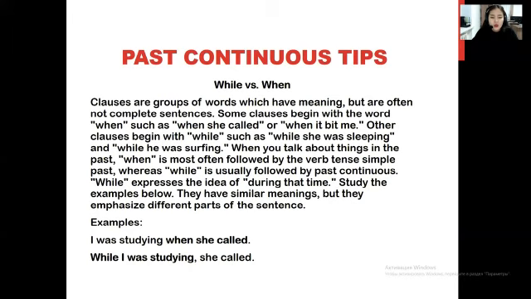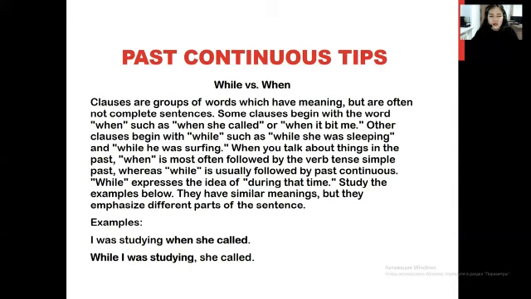When you talk about things in the past, when is most often followed by the simple past, whereas while is usually followed by past continuous. While expresses the idea of during that time.